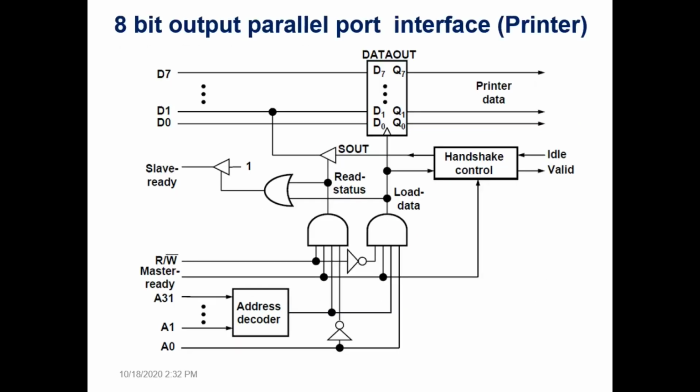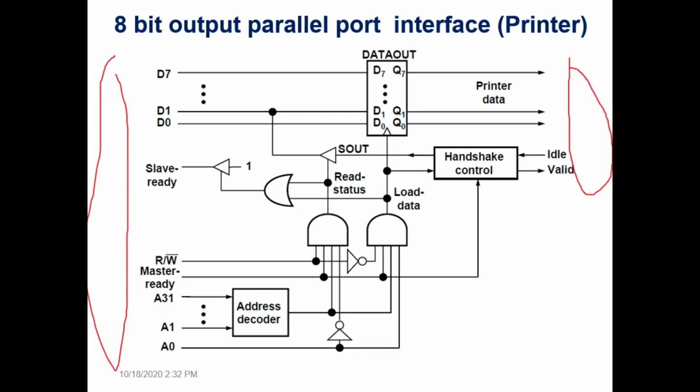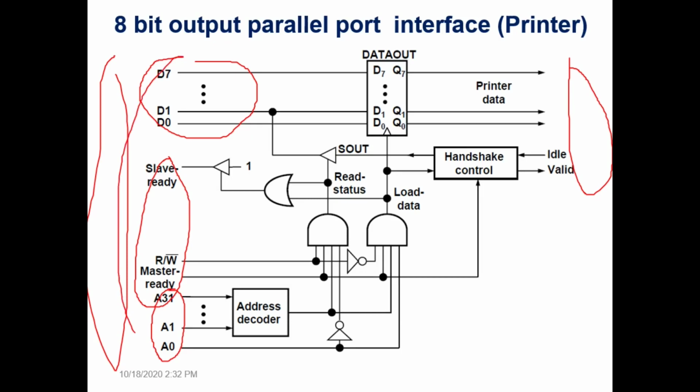This is the detailed view of the output interface circuit under parallel port, the output interface circuit with parallel port to connect the printer to the processor. Here is the printer on the right side, and on the left side it is completely the processor. The processor is connected to the interface circuit using the data bus, control lines and address lines, which are part of a single bus connected to the interface circuit from the processor.